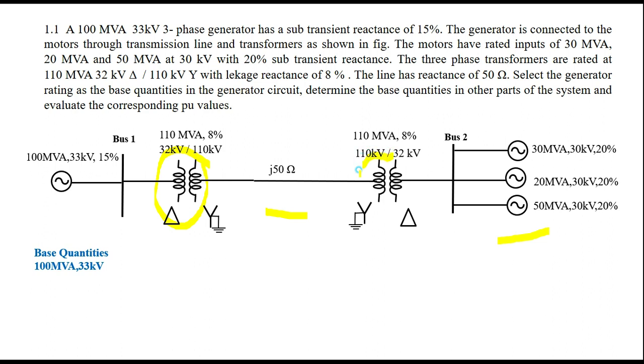Further, there is one more transformer here, therefore the base voltage will change again. However, the base MVA remains the same in all parts of the circuit. Therefore, here it is 100 MVA, 100 MVA, and here also 100 MVA.